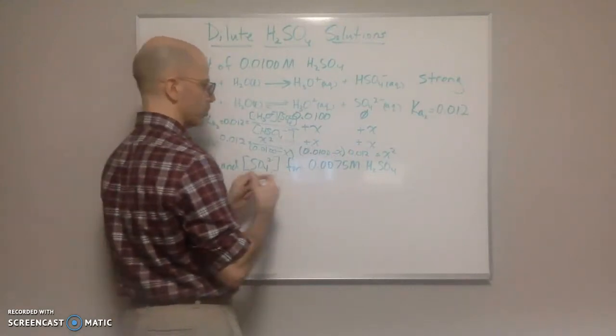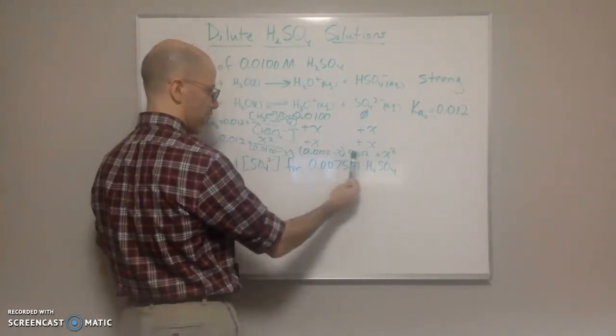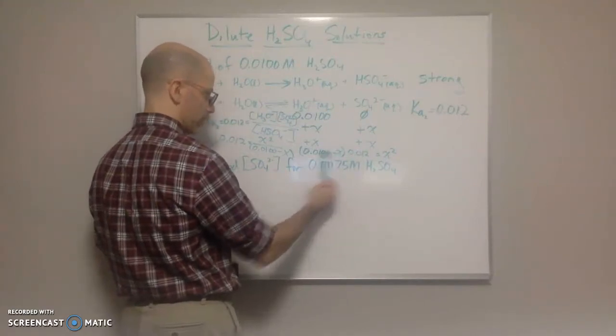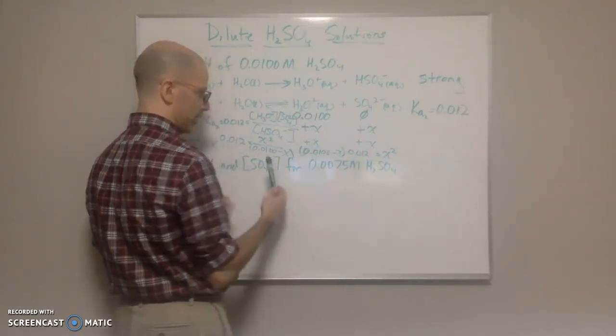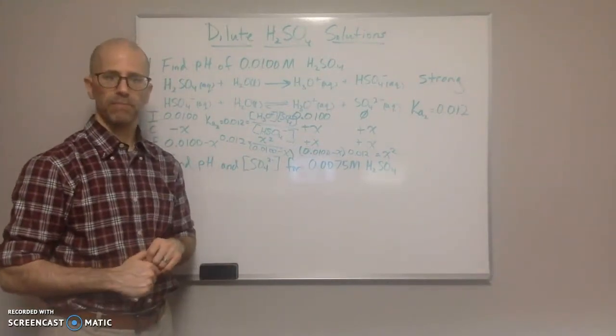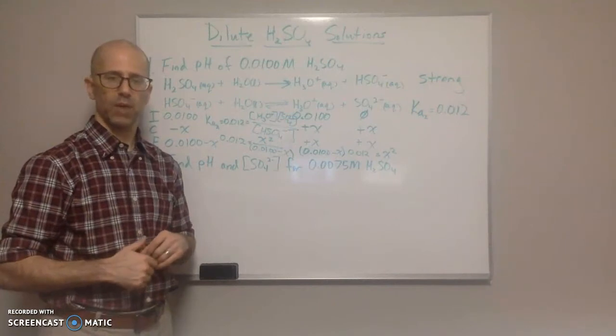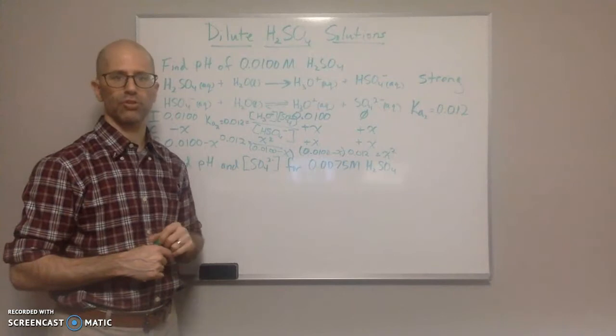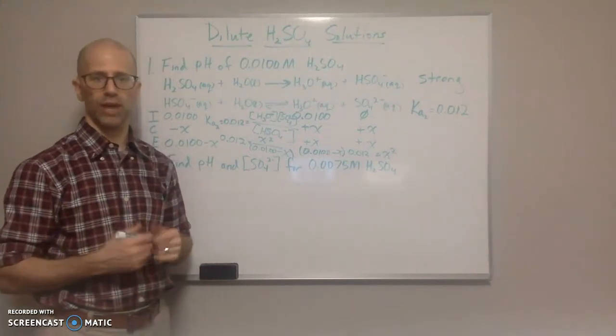Then you've got to multiply this out, so you're going to have 0.012 multiplied by the 0.0100 minus x, and then you end up with a quadratic equation. You're going to have to use the quadratic formula to solve that problem.